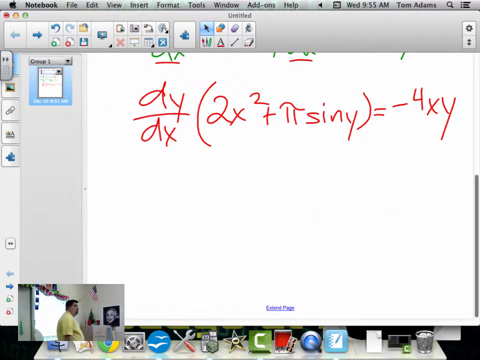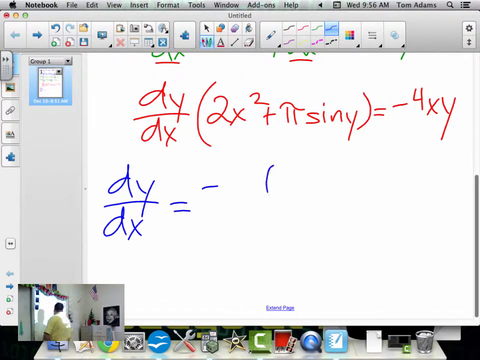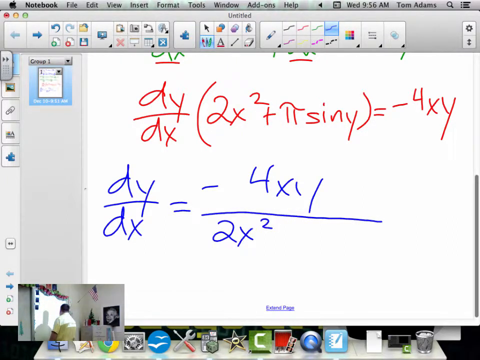Am I doing okay? Alright, so now I'm going to divide both sides by the stuff in the parentheses. So I get dy dx is equal to negative 4xy all over 2x squared plus pi times sine of y.